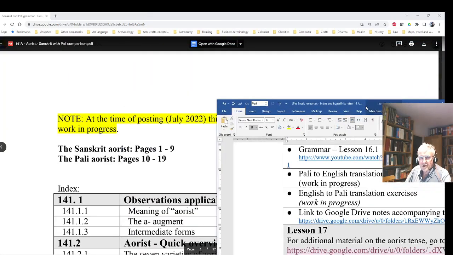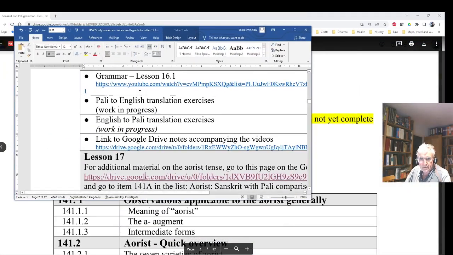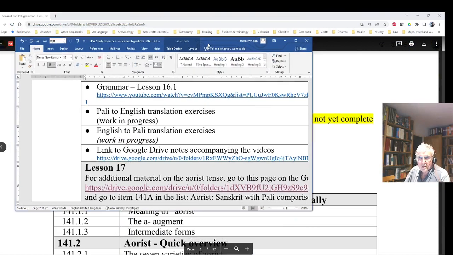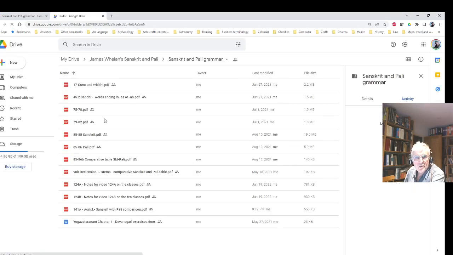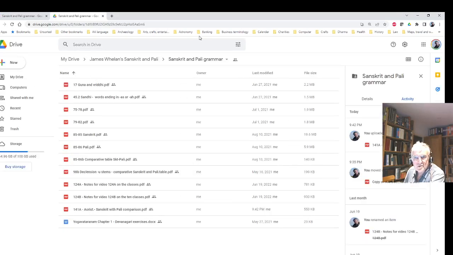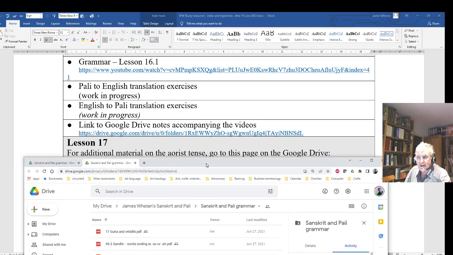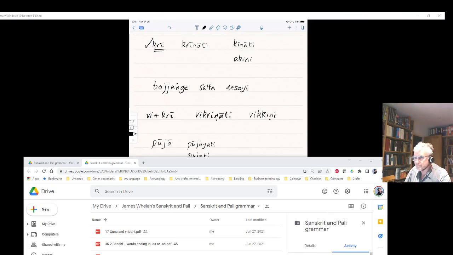And that Google Drive link will call up this page, which is the Sanskrit and Pali grammar, and the 141A aorist Sanskrit with Pali comparison. And that is the sheet that I've just called up for you here.